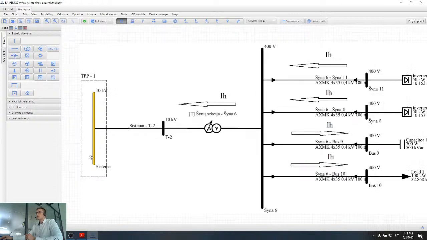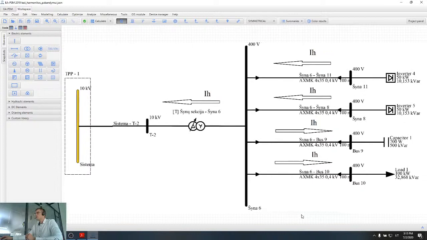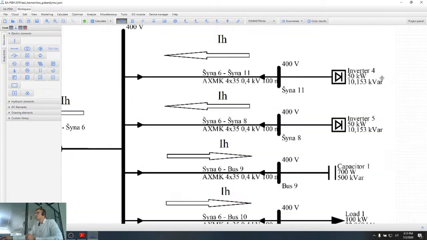Here is the network, 10 kilovolts, so a medium voltage network. Here is the transformer, which reduces the voltage to 400 volts. And here we have some nonlinear loads, which are represented by these inverters. These inverters generate current harmonics into the network.